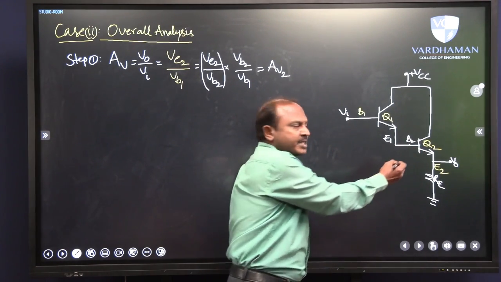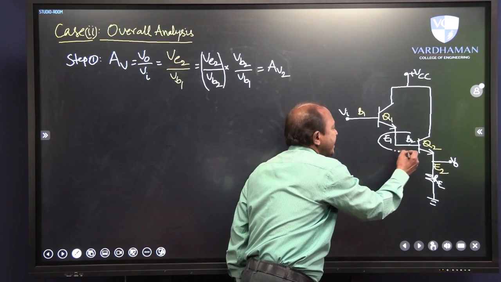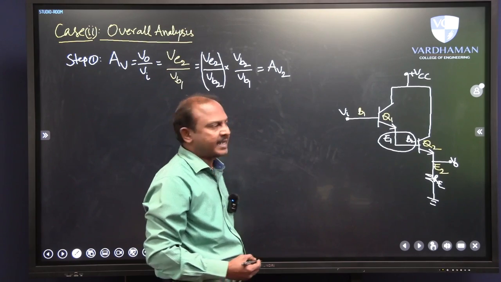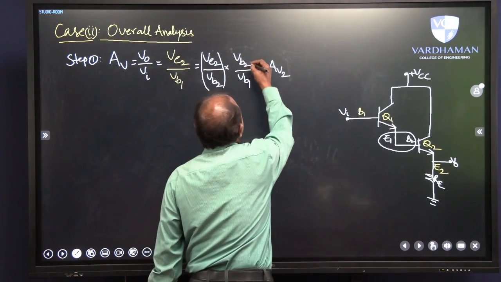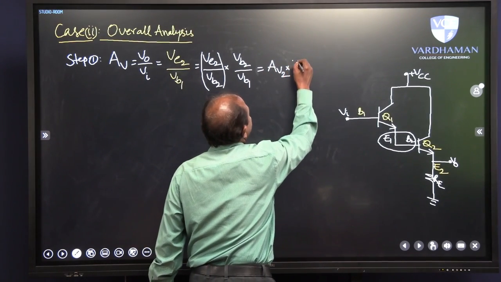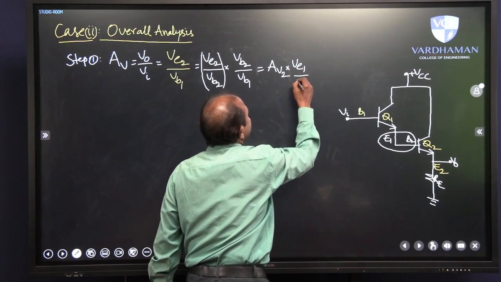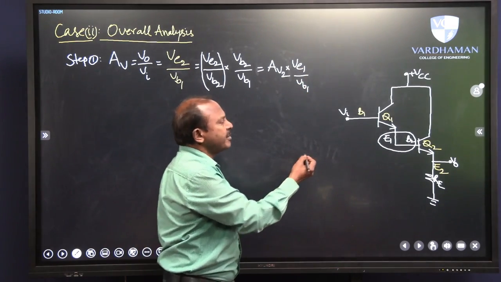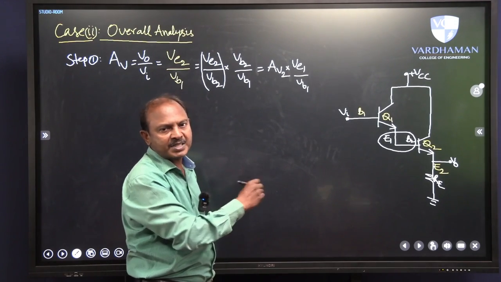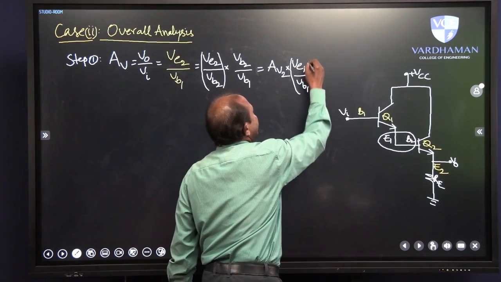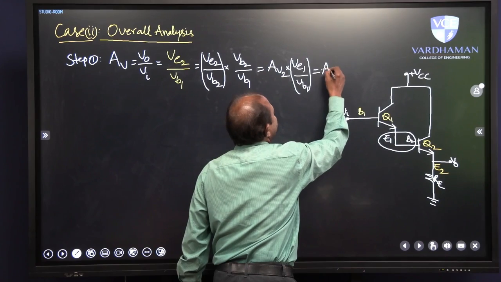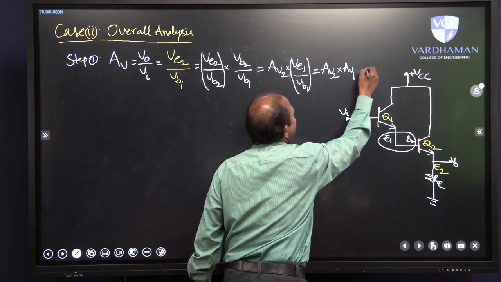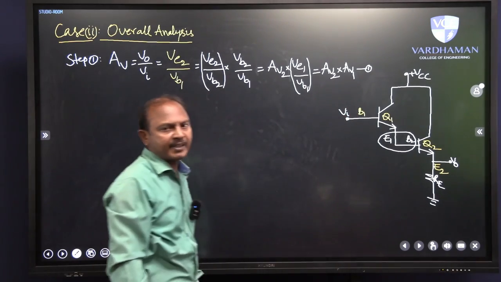That means from this circuit, we can say that emitter voltage of first transistor and base voltage of second transistor both are at the same level. As a result, we can rewrite this VB2 as VE1 by VB1. Then what is VE1 by VB1? VE1 by VB1 is nothing but voltage gain of first stage. That means we can write it as AV1. So this is AV2 into AV1. This is the overall voltage gain in case of Darlington pair amplifier.